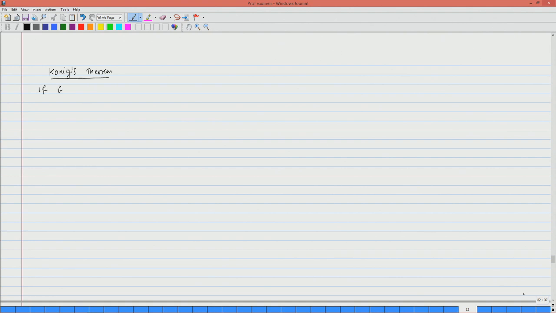If G is a bipartite graph, then the maximum size of a matching in G equals the minimum size of a vertex cover of G.